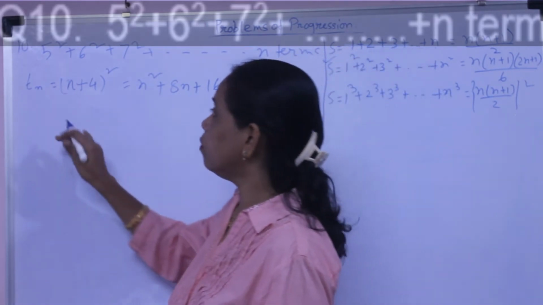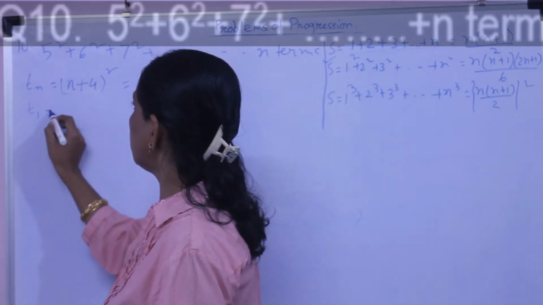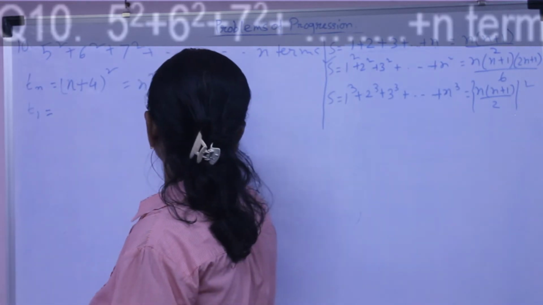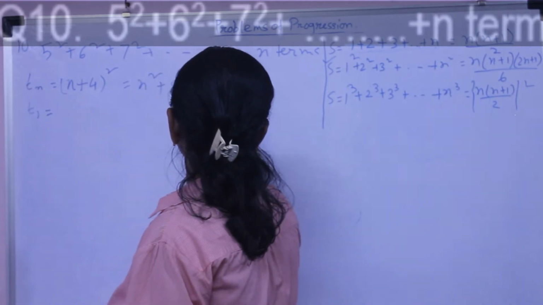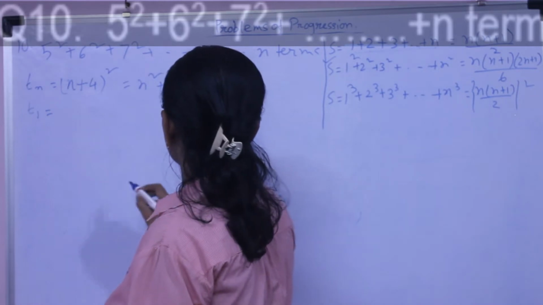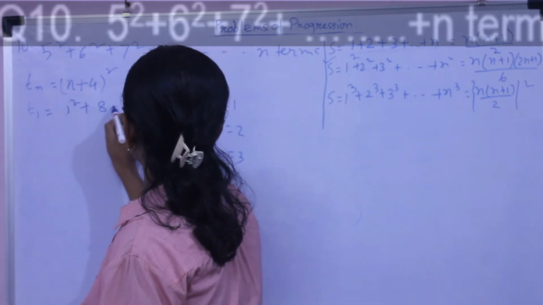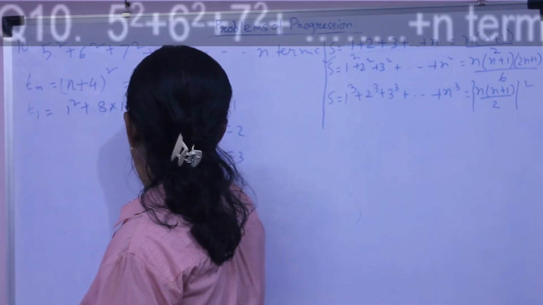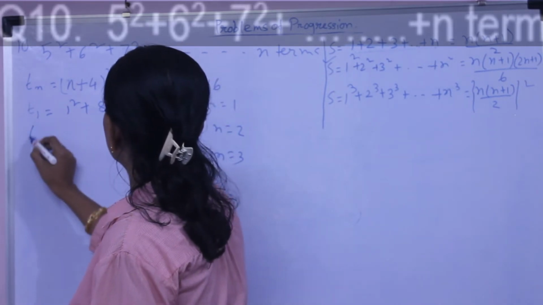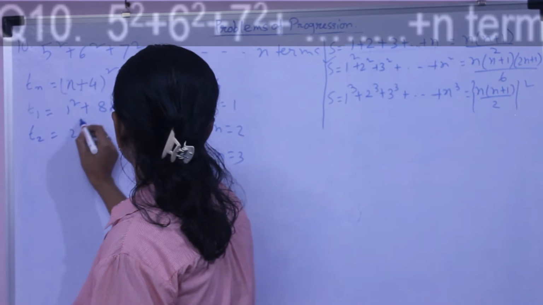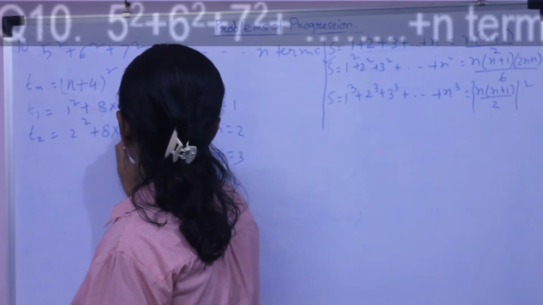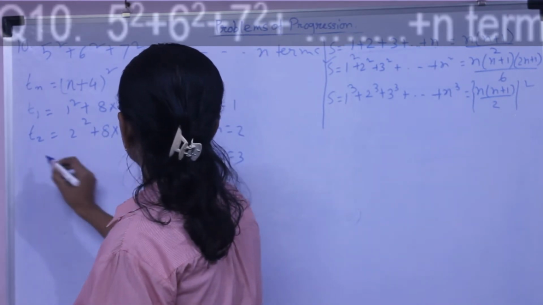Now again we have to put the value of n. n equal to 1, n equal to 2, n equal to 3, up to Tn. So T1 is 1 square plus 8 multiplied by 1 plus 16. T2 equal to 2 square plus 8 multiplied by 2 plus 16.